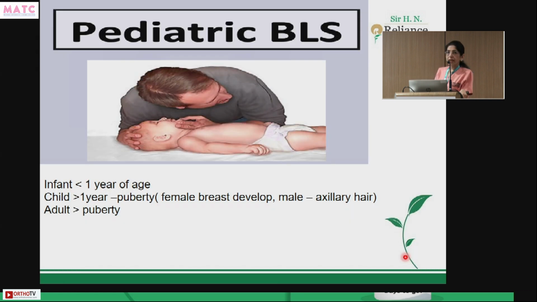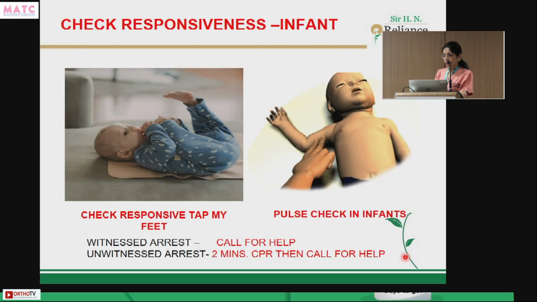Now, pediatric BLS. Any child less than 1 year is called an infant, a child from 1 year to puberty is called a child, and above puberty is an adult. So the steps of the CPR by and large remain the same.